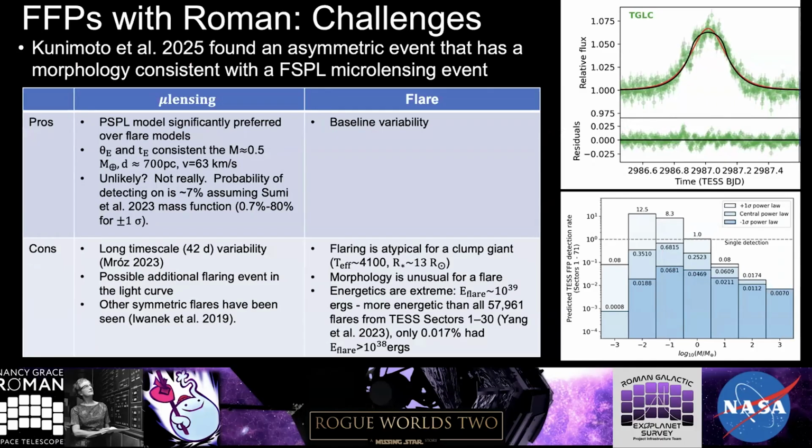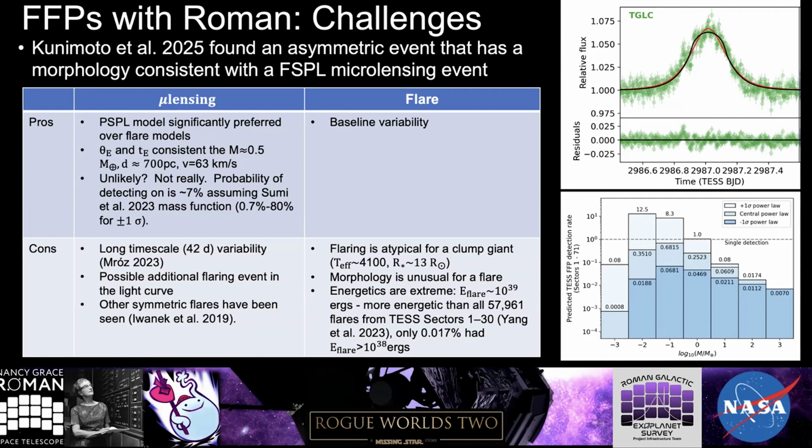Okay, so there's some challenges with Roman. This was already shown. Michelle Kunimoto and Will DeRocco and other people did a search in TESS over 5 sectors looking for free-floating planet candidates. They found this particular example, which is kind of semi-famous now, which looks very much like a free-floating planet event.